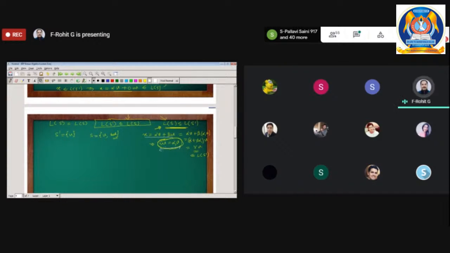Is W belongs to LS dash? Sir, I think it belongs to LS dash. No, because LS dash contains the scalar multiple of V only. Yes, sir. LS dash contains a scalar multiple of V. So W is not there. But what are we taking?